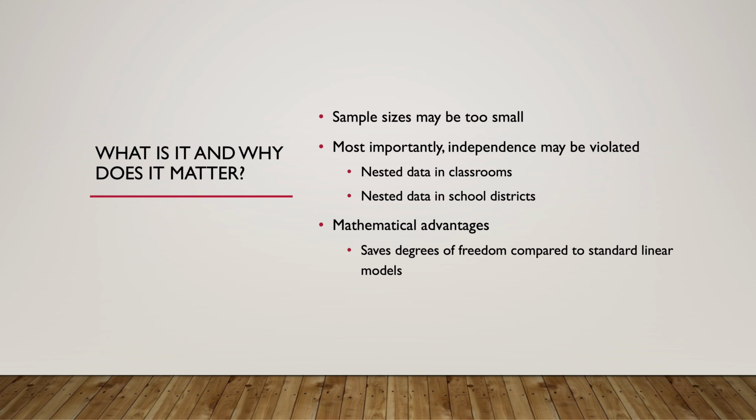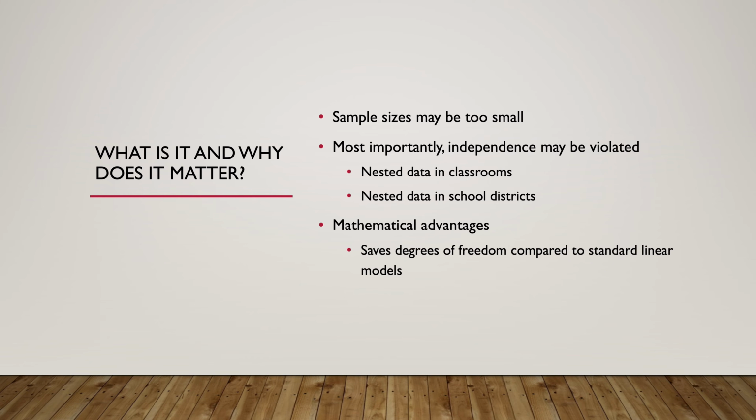So sample sizes may be small. Most importantly, when we have nested data in classrooms, we very possibly get measurements that are correlated, so our independence assumption is violated. If you remember back in 6610, if you took that with me, which most likely you did, when we talked about ANOVA, we had three assumptions: independence, equal variances, and normality.